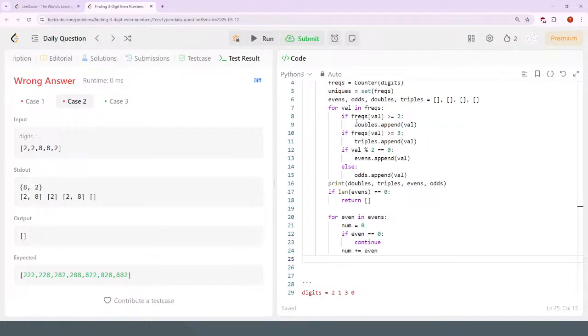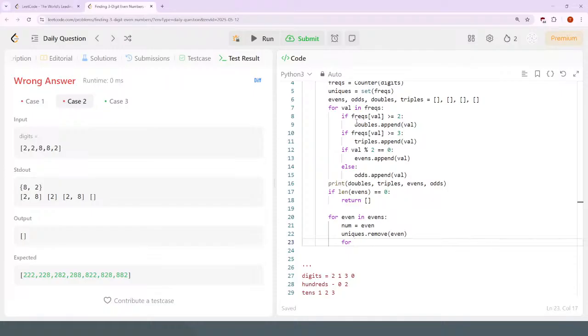Well, this is my ones digit then. No, this is, what am I thinking of? Yeah, this is my ones digit. I guess my ones digit could be 0. What am I doing? Every even, it evens. The number starts with that even. And then it's going to progress to my tens. The tens, I need to remove it from my set of uniques. Uniques dot remove this even number.